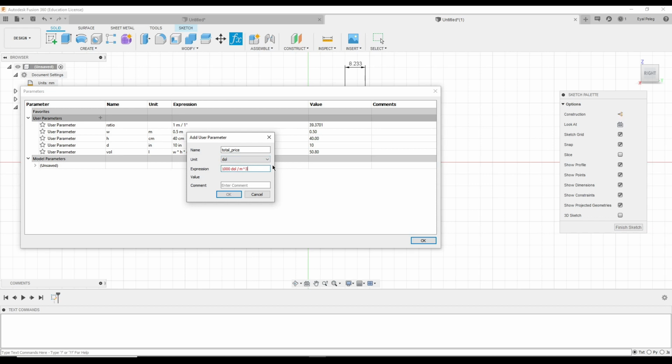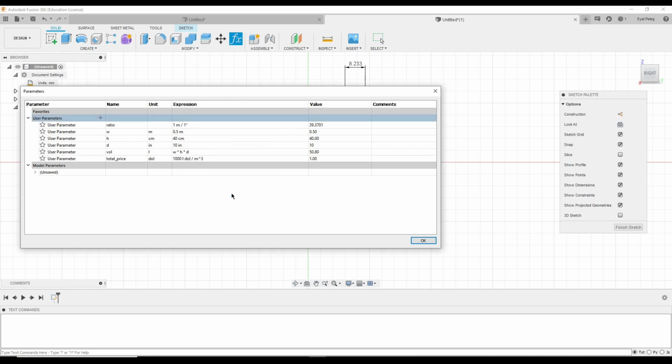And if we'll say that this is 1,000 of those times the volume, everything works fine, and the value becomes 1. Really? That is either a bug or the luckiest result ever.